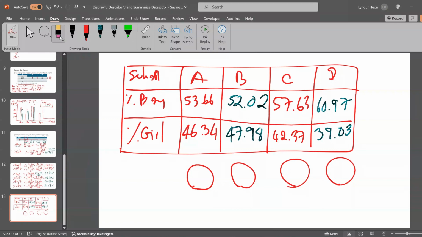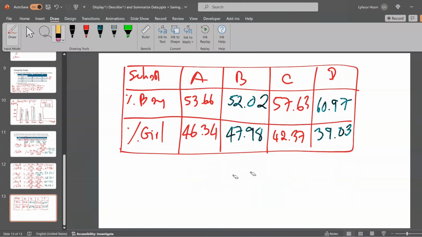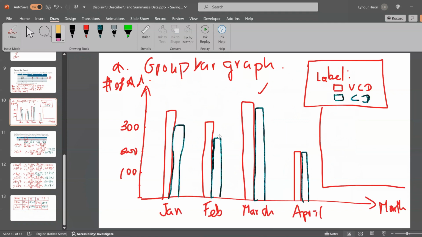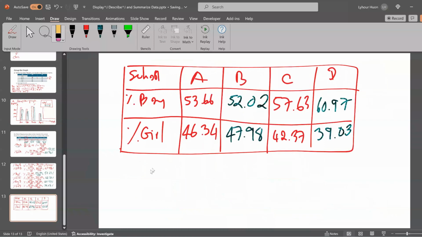When we use a group bar graph, it's in one data, so when the reader looks, it looks like one collective data. But with pie charts, it's one pie chart, one pie chart, one pie chart, so it's not collective.